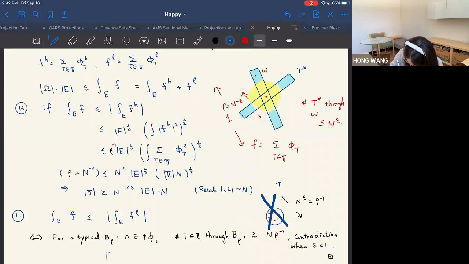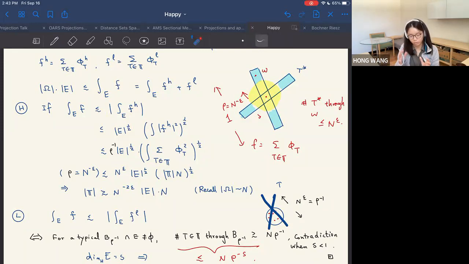So the dimension of E equals s implies that this number should be smaller than n times rho to the d minus s, and s is smaller than 1. So this gives a contradiction. So when we try to understand the problem on a fractal set, this says that the low frequency part cannot dominate. And so this finishes the proof of Marstrand's projection theorem using this high-low frequency decomposition.